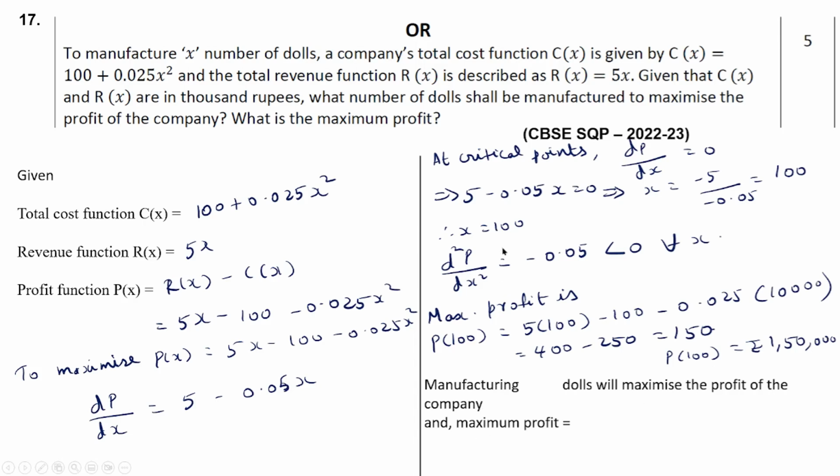So manufacturing 100 dolls will maximize the profit of the company, and maximum profit is rupees 1,50,000. So here again, writing the profit function carries 2 marks, then dp by dx 1 mark, d square p by dx square 1 mark, the remaining steps and the final result carry 1 mark. A total of 5 marks for this question.